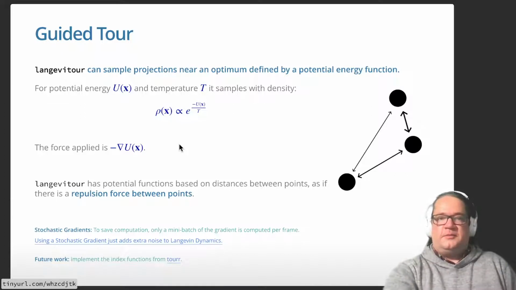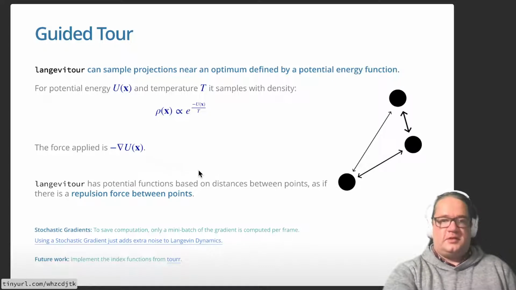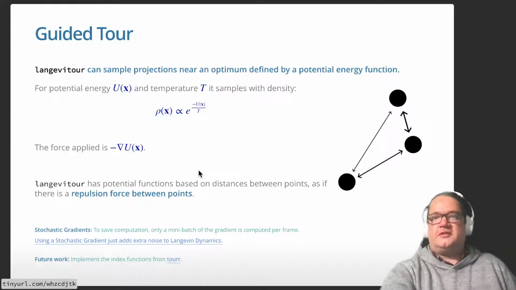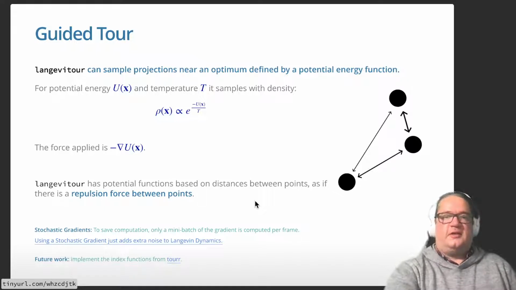So when it comes to implementing this, the force applied to the velocity is the negative of the gradient of this potential energy function. So we need to be able to calculate the gradient. In particular, what I've implemented so far is a potential energy function based on the distances between each pair of points.